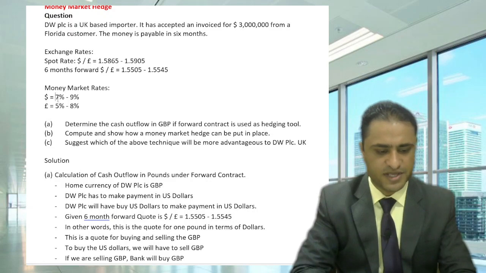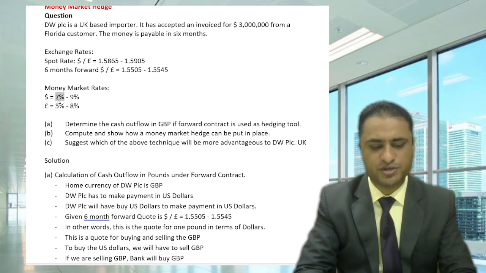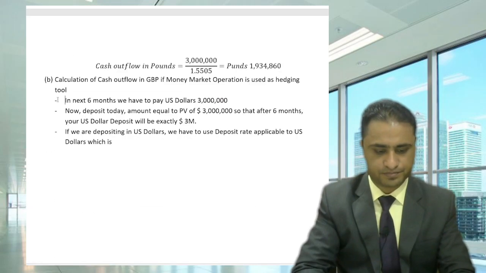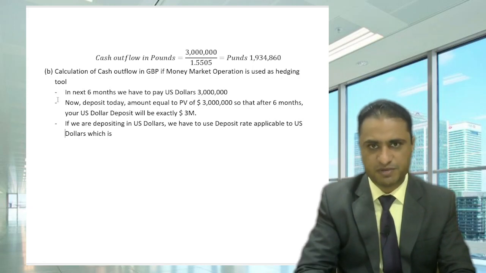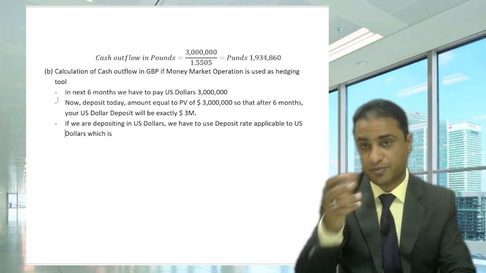So your applicable rate for depositing in US dollar will be 7% per annum. So for 6 months, the applicable rate will be 7 divided by 2, that is 3.5%.